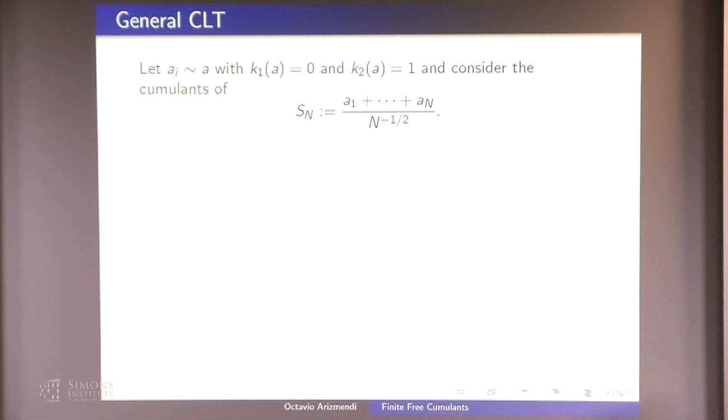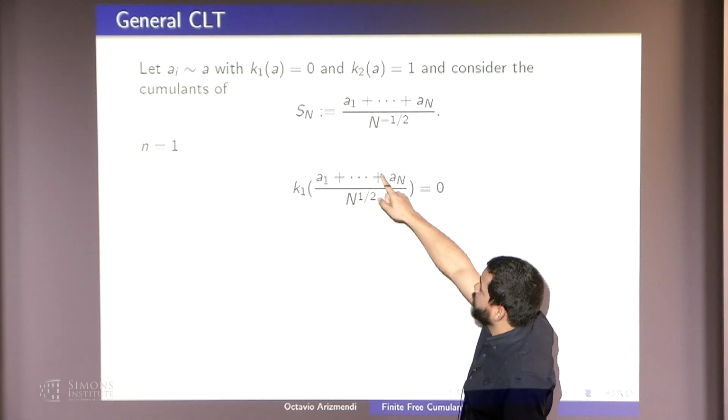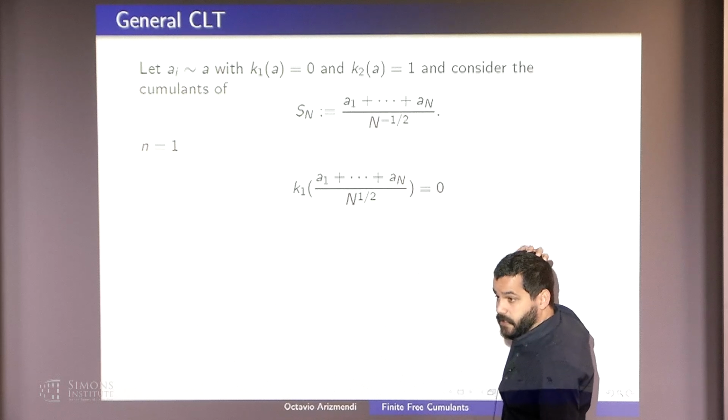Okay, so consider just a normalized sum of random variables. Okay, and let's calculate the first cumulants. The central limit theorem assumes that the first cumulant is 0 and the second cumulant is 1, just to normalize.